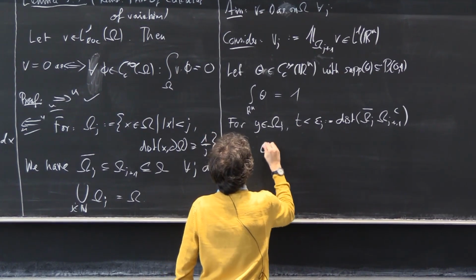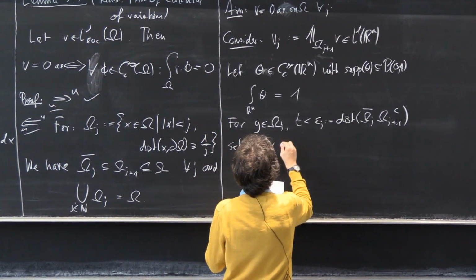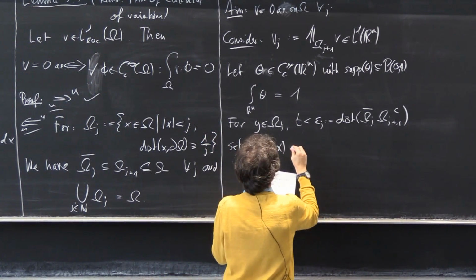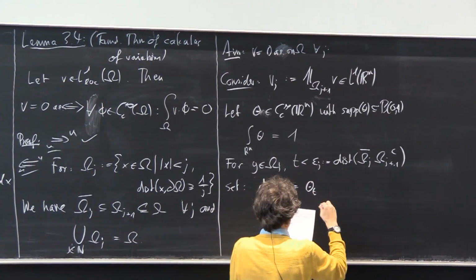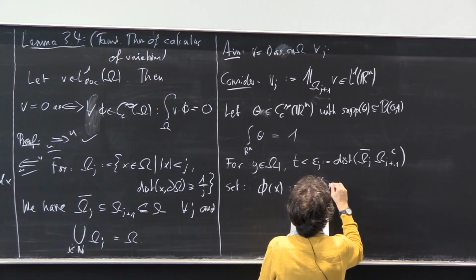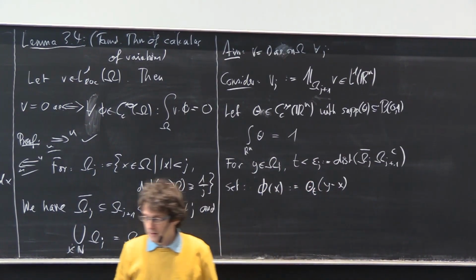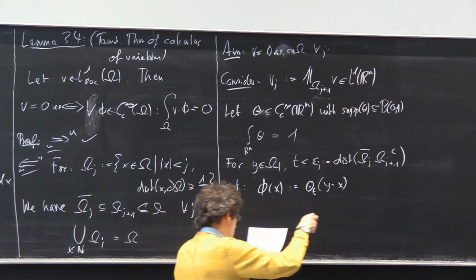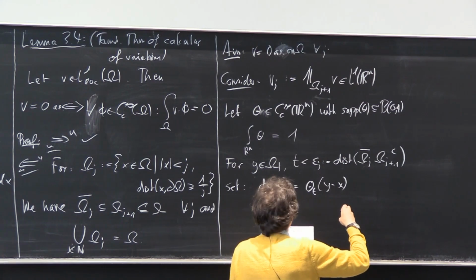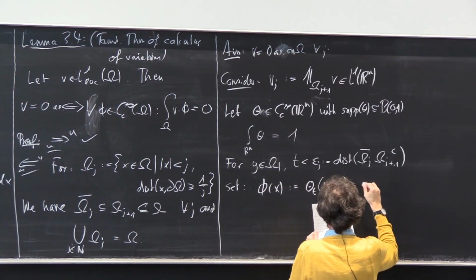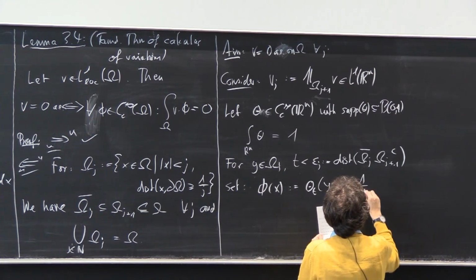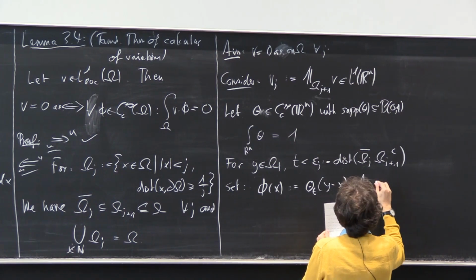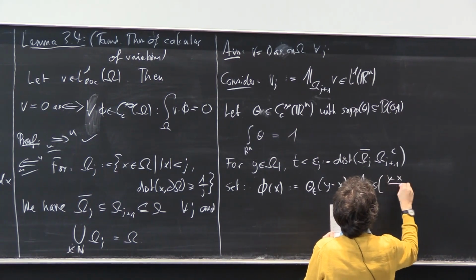And now, as we want to convolute, take the function phi of x, which is theta t of y minus x. So this notation theta t, as usual for convolution with mollifiers, is 1 over t to the n theta of (y minus x) over t.